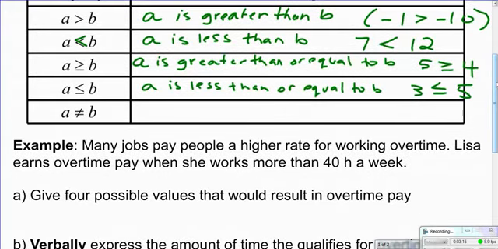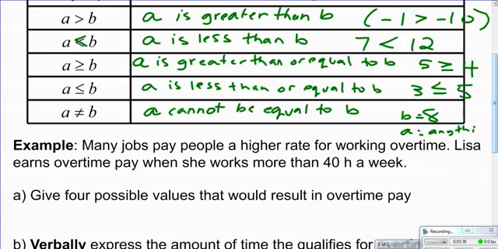And then this last one we've kind of already used. This is just saying that A cannot be equal to B. So basically what that's saying is if B was 8, A could be anything except for 8. Anything but 8.